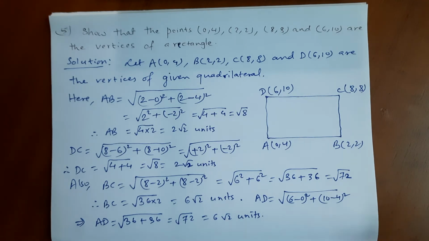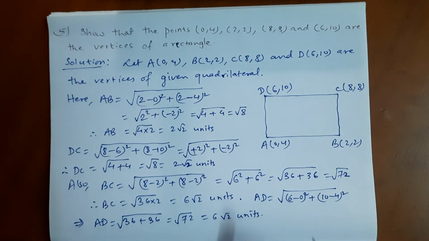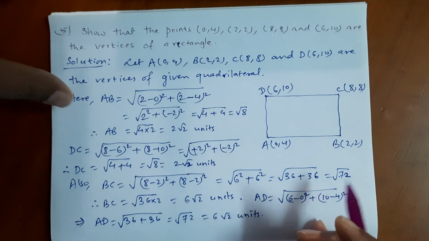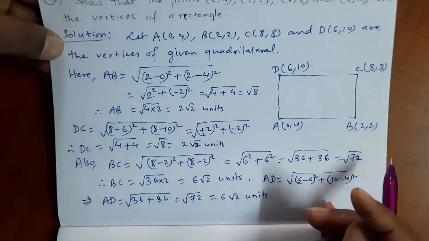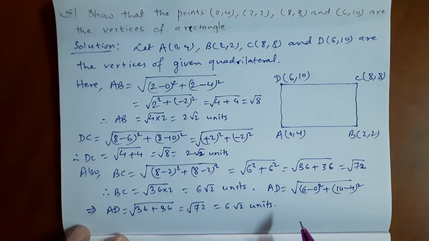And to show a rectangle, if we can show diagonal AC equals BD, then it becomes a rectangle. Okay. The parallelogram having equal diagonals is known as a rectangle.